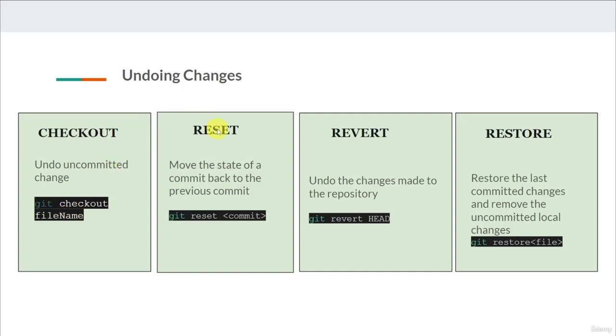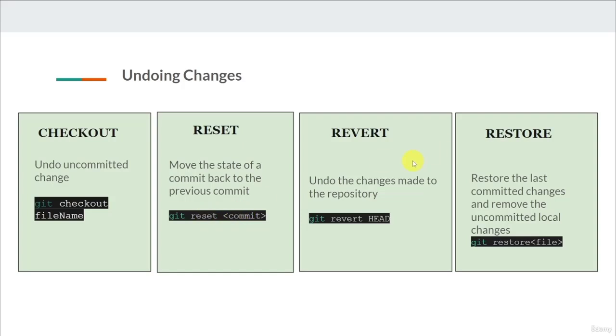And we have another method, that is reset. In the name itself, it says we reset the state. Currently we already did a commit, so we need to move the state back to the previous commit. For that we can use the syntax git reset commit id.